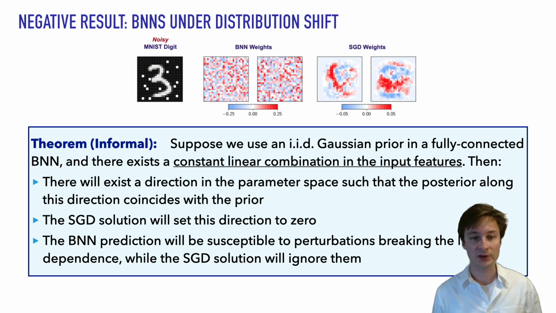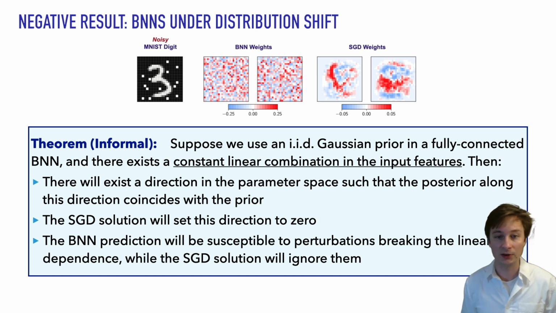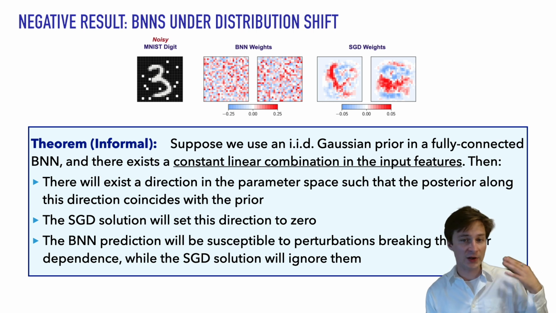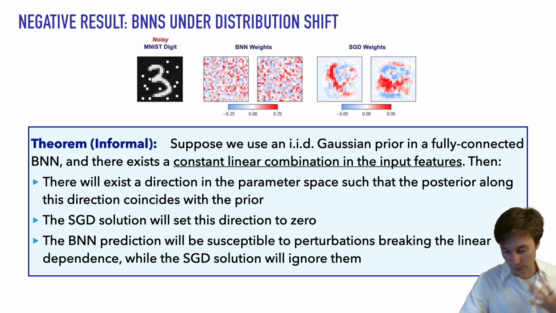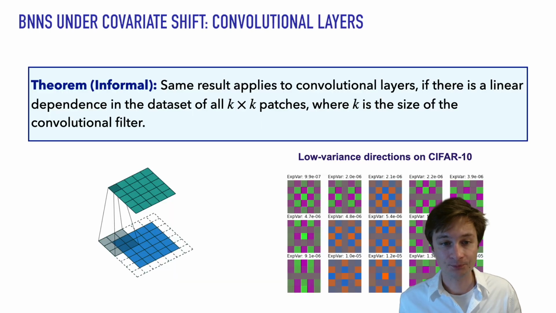If we perturb the data and break this correlation between the features, so we take the data outside of the affine subspace that it lived in, then the SGD solution will ignore the perturbation, but the Bayesian neural network will actually be very susceptible to this perturbation. The predictions will change significantly, and it will potentially lead to a degradation in performance.